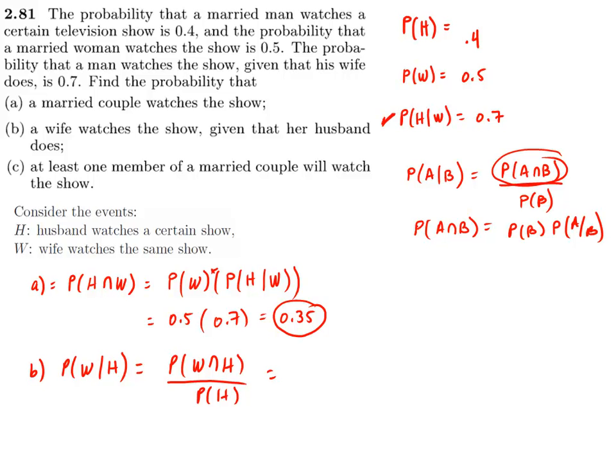And we know this is 0.35 from part A. And the probability of the husband is 0.4. So this is 0.875. We found that first probability, this intersection here. So we are using that information and we are dividing by the probability of the man watches TV.